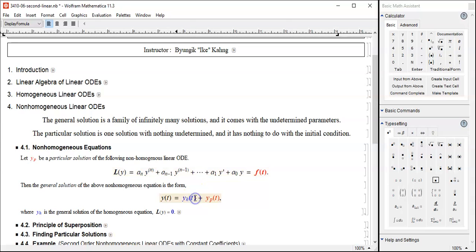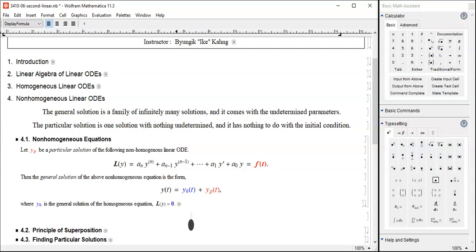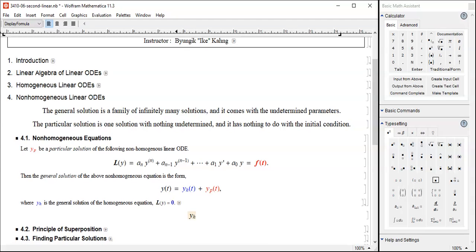Now, how about YH? That's a general solution of the homogeneous equation, Ly equals 0, something we studied earlier in the previous section. Now, brush up your memory from the previous section. What does this YH look like? It looks like this. In the case of second order, this is the structure.